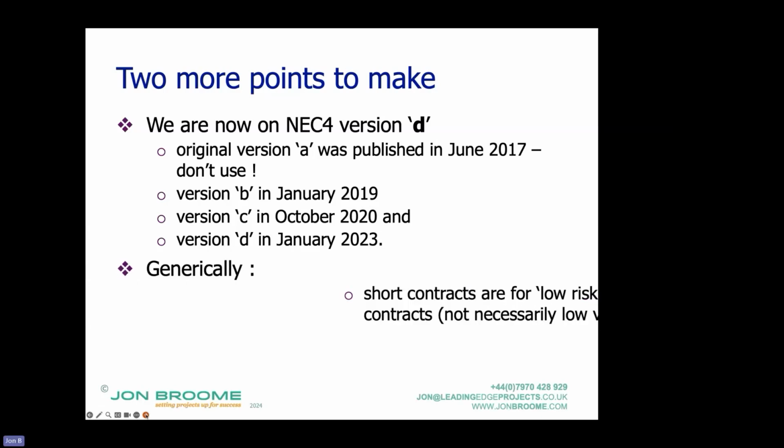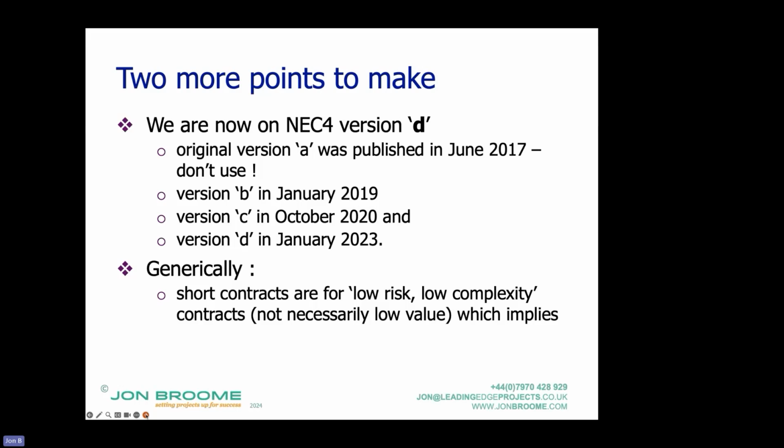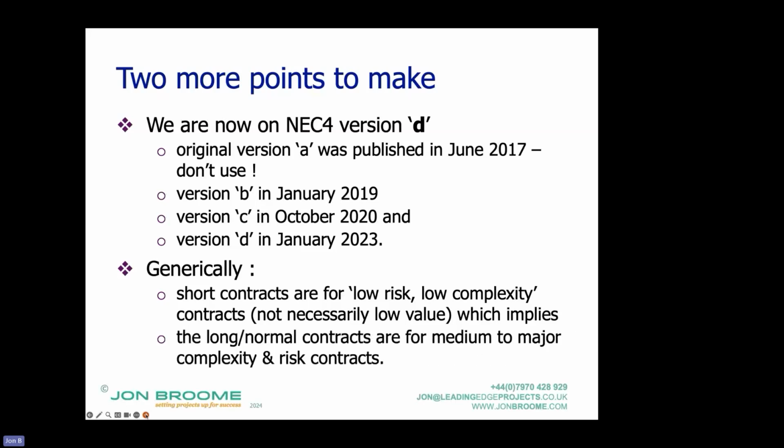Also, generically, short contracts are for low risk, low complexity contracts. That's the generic term they use for when you should use short contracts. So not necessarily low value, right? What that implies is that the normal contracts, without short in the title, are for medium to major risk and complexity contracts.